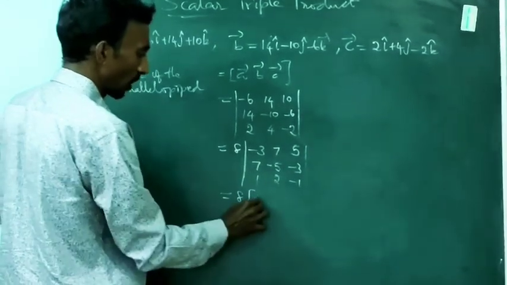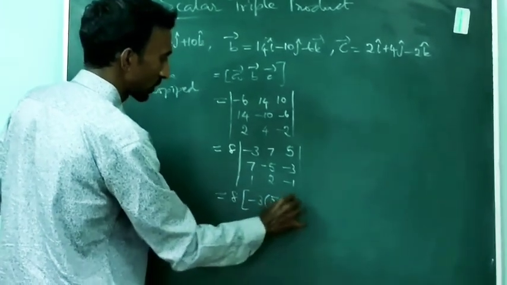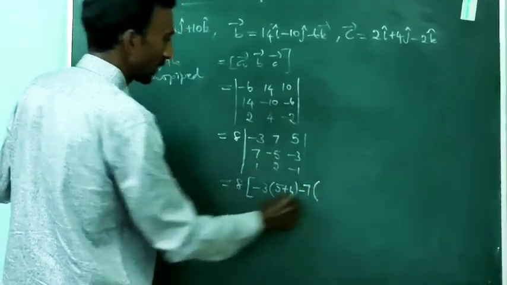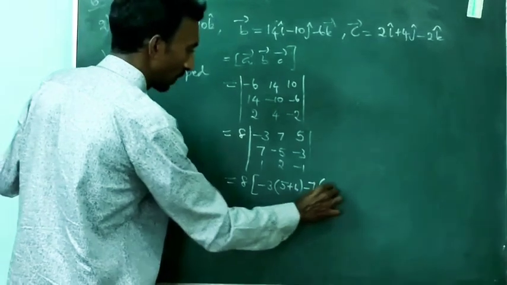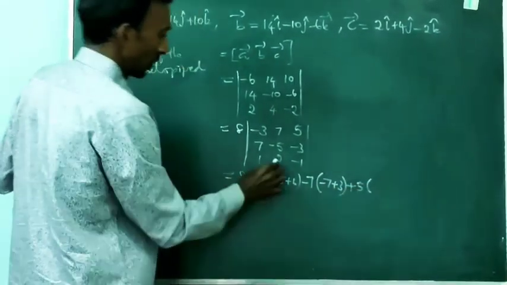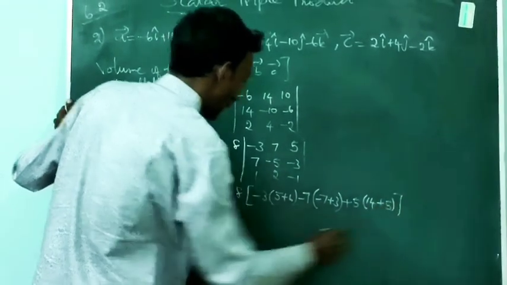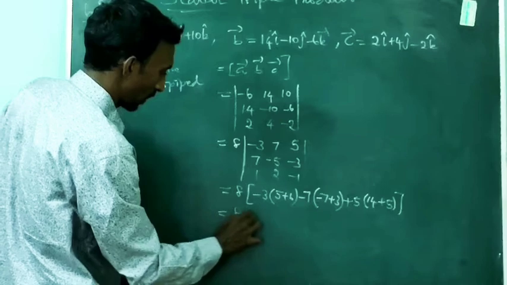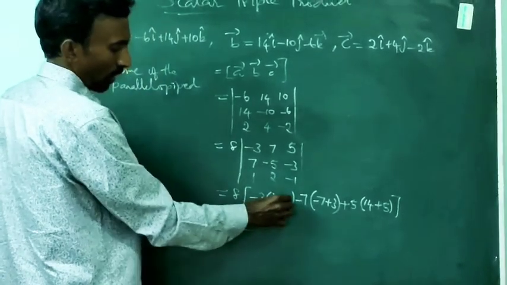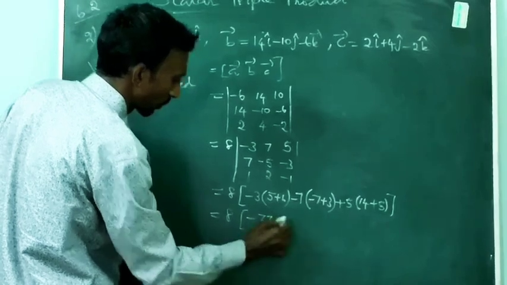So as usual, minus 3 into (5 plus 6), minus 7 into (delete the row and column) (minus 7 plus 3), plus 5 into (14 plus 5). So 8 into, 5 plus 6 is 11, so minus 33.